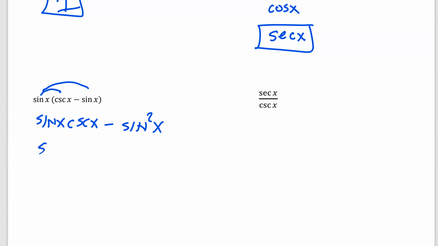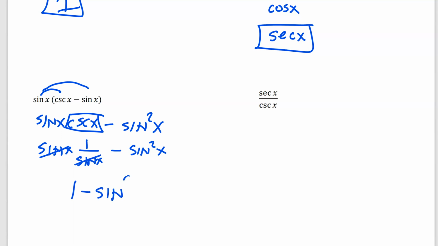Now, we can rewrite cosecant of x as 1 over sine of x. Sines cancel, and we're left with 1 minus sine squared of x. And for right now, we're going to stop that one right there. Friday, we're going to see how to continue that problem to go a little bit further, right? But for right now, that's where it would stop.